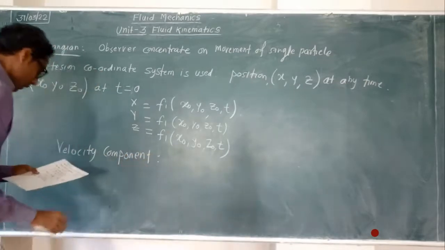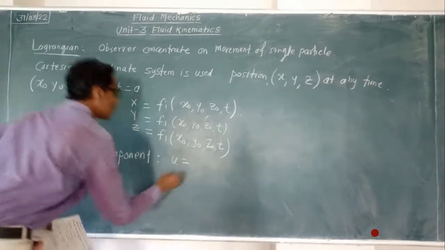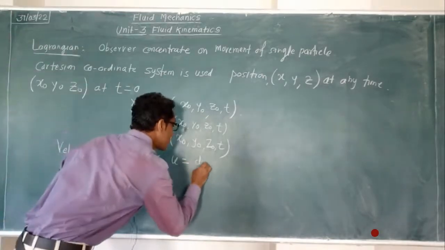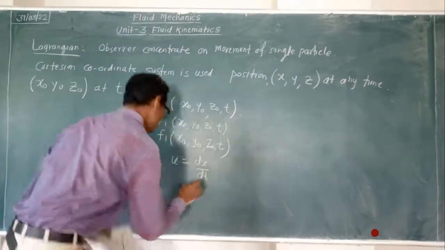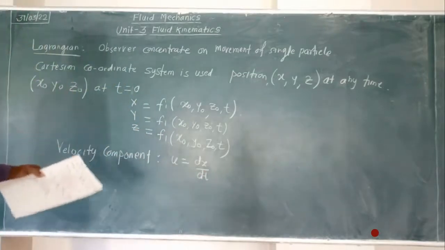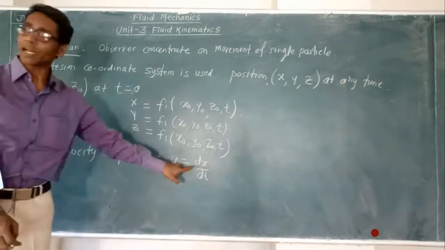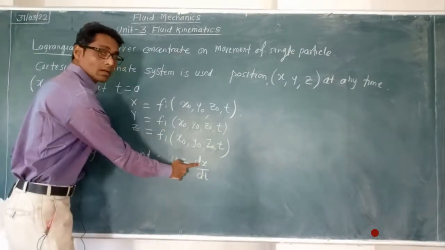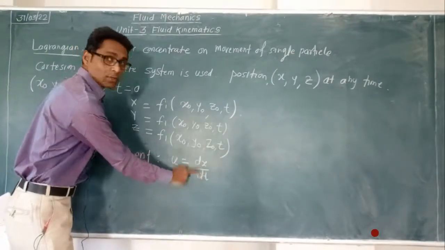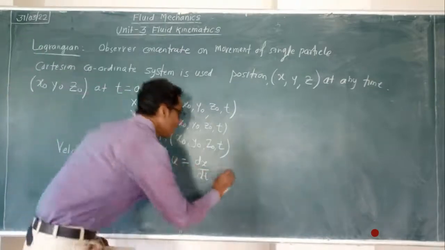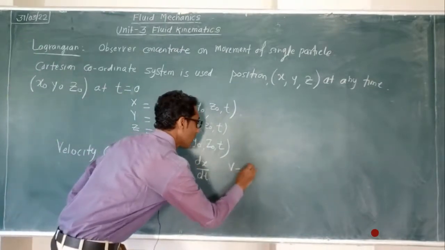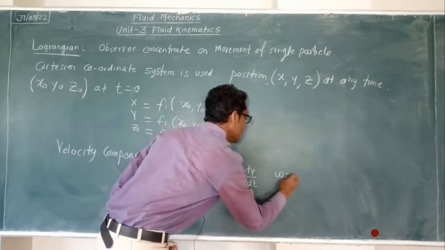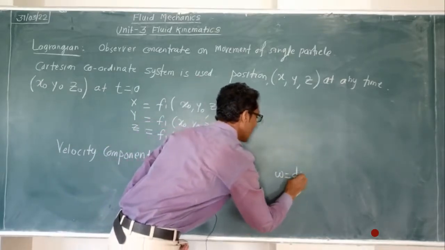The velocity component is given by the velocity u, that is what? dx by dt. u means velocity in the x direction, change in distance with respect to time along the x direction. v is the velocity along the y direction, and w is the velocity along the z direction.